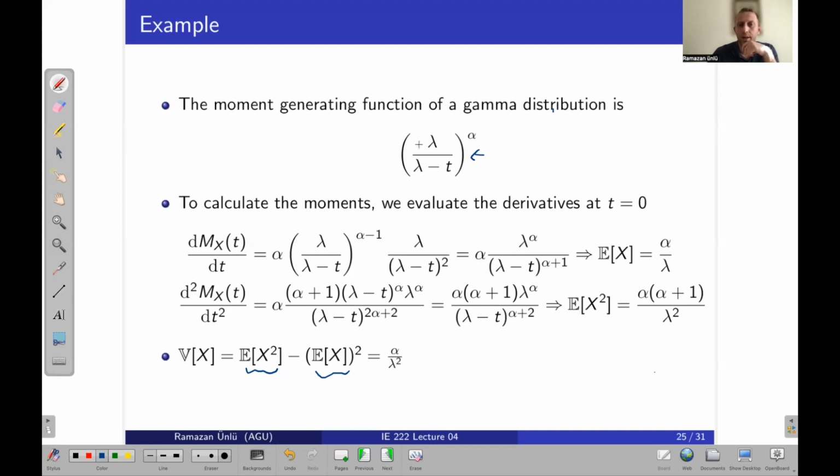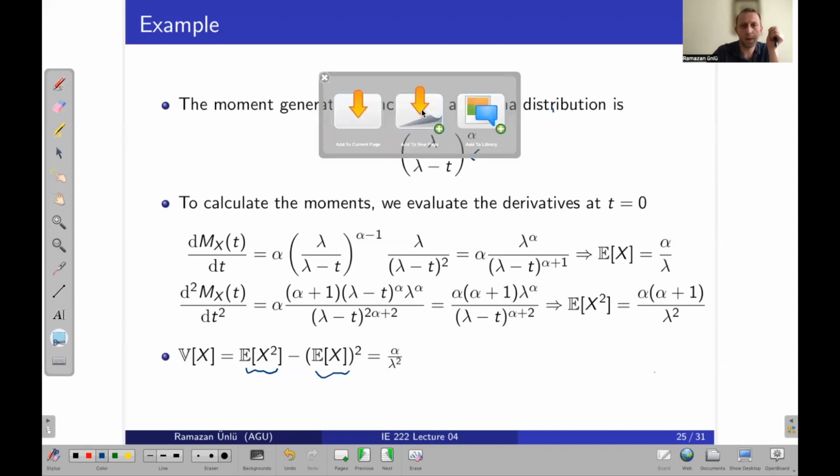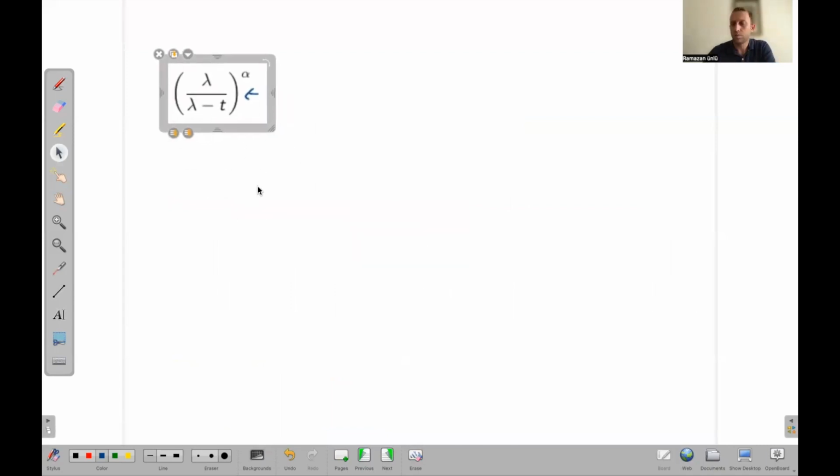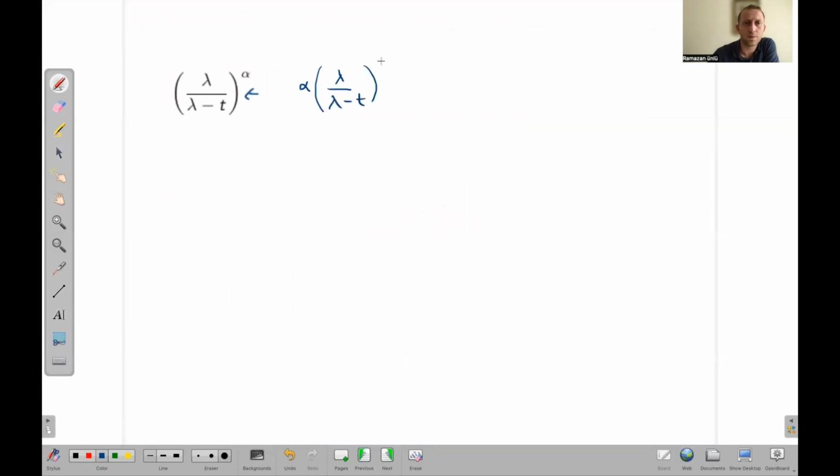Okay, now let's take the derivative of this guy. Let me take that one and go to a new page. So first, we need to take the derivative of the whole thing. That will be alpha times lambda divided by lambda minus t to the alpha minus 1, and times the derivative of the inside, right?